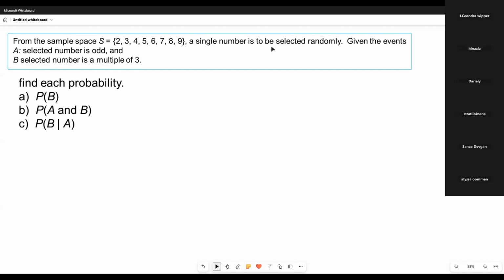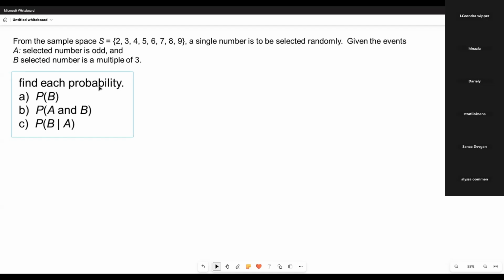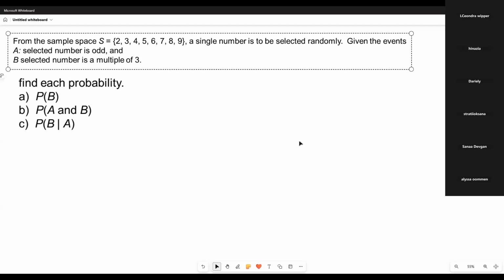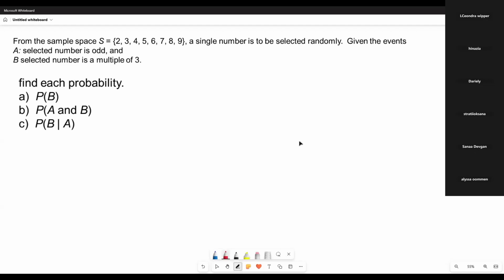Given the events A, selected number is odd, and event B, selected number is a multiple of 3, find each probability. A, P of B. B, P of A and B. And then C, P of B given A.